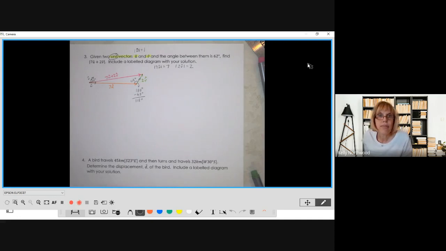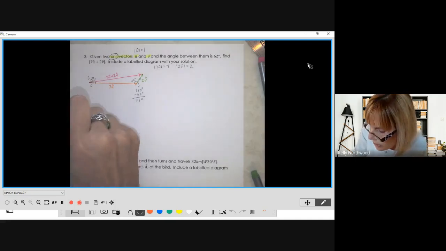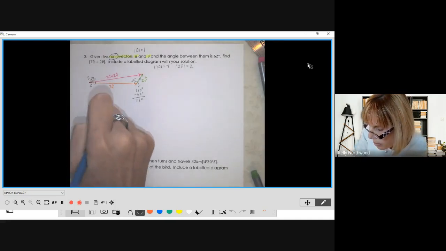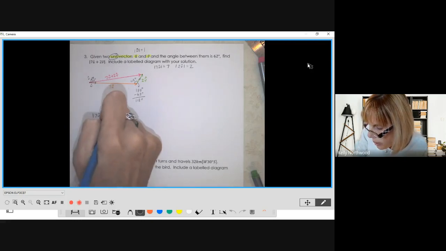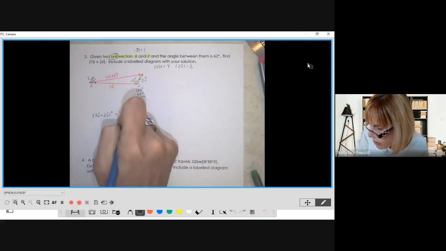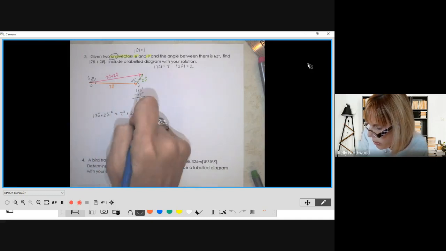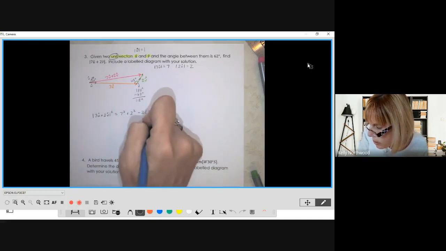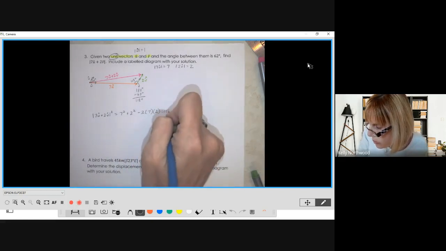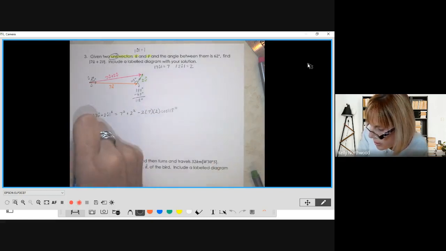So now I've got all the information I need to find the magnitude of that vector 7u hat plus 2v hat using the cosine law. So the magnitude of vector 7u hat plus 2v hat squared is equal to 7 squared plus 2 squared minus 2 times 7 times 2 times the cosine of 118 degrees.